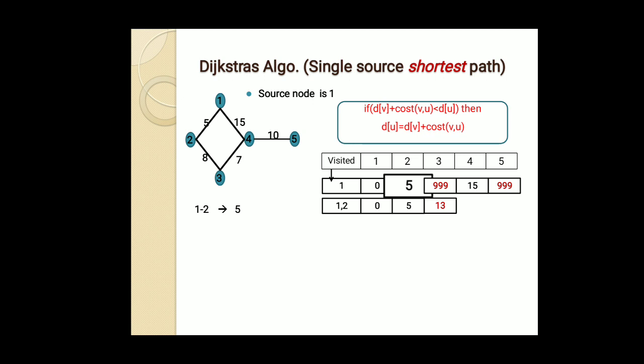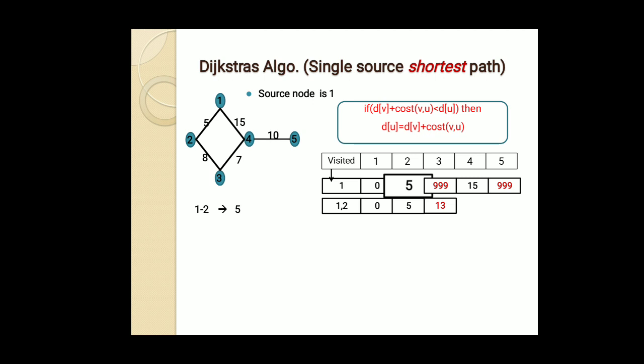This formula I put up in the first block is nothing but a relaxation formula, or relaxation equation. It would be followed for all your nodes to find the minimum for all the respective nodes from the given source node 1.